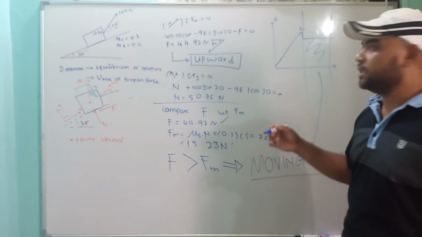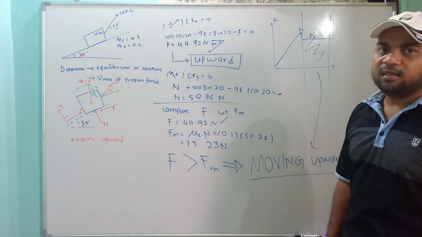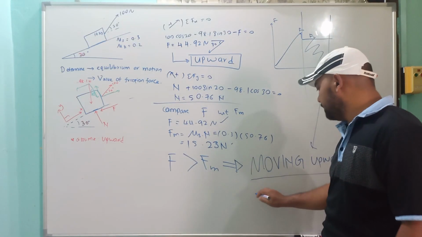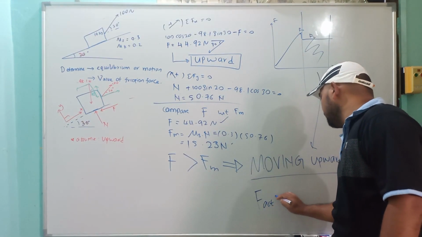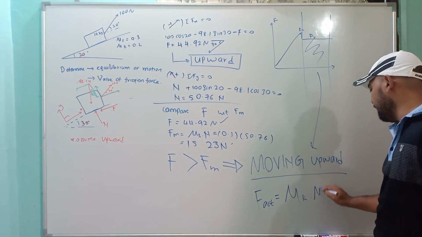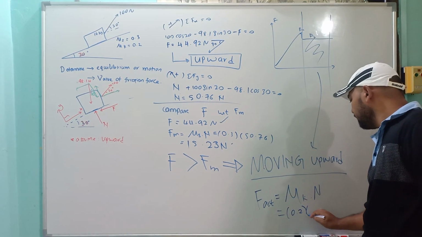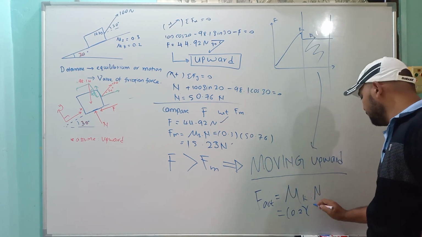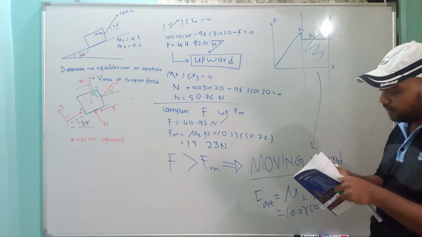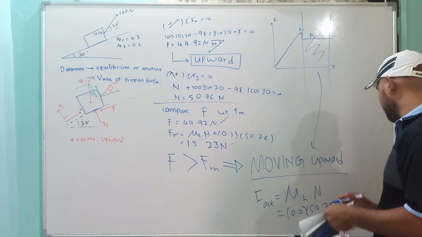Now it is moving, so the friction will be here, the kinetic friction. So the actual value of friction equals mu kinetic times N, which is 0.2 times 50.76, equal to 10.15.